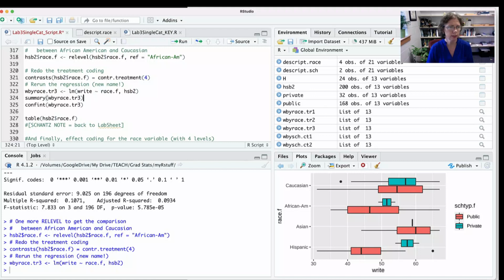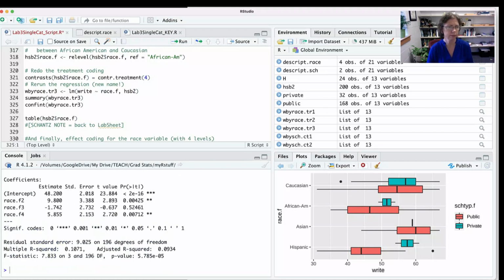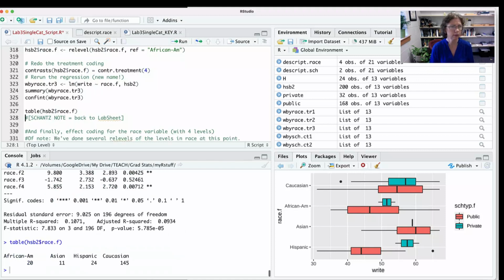So now what do we have in summary? We have the mean, the average writing proficiency for African American. We have its comparison to who? We will find out. We can get the table and see what order they're in.